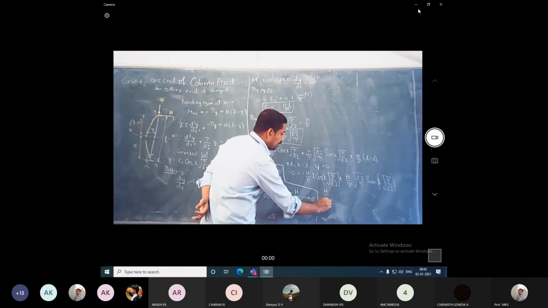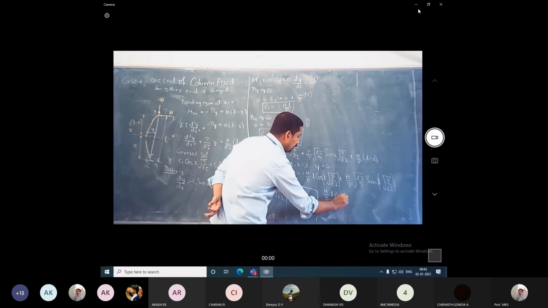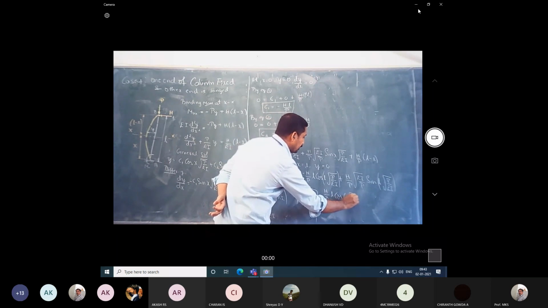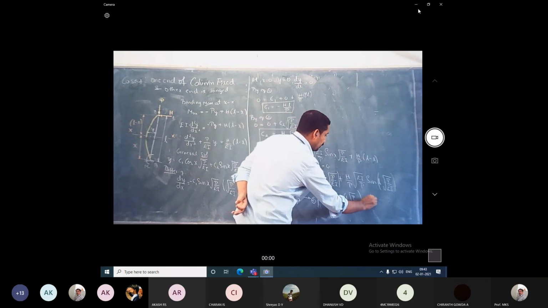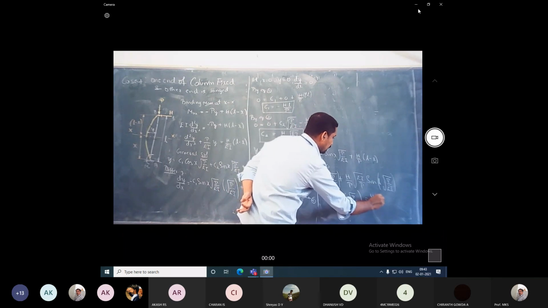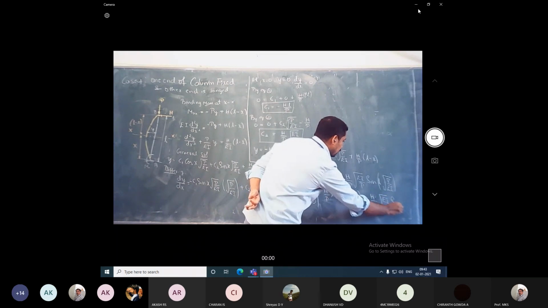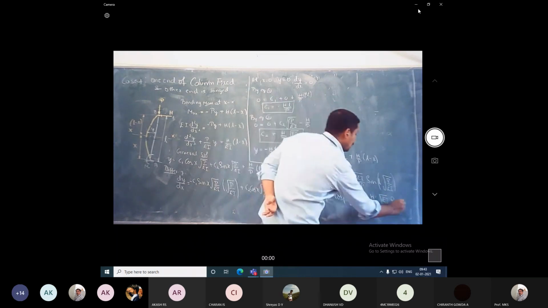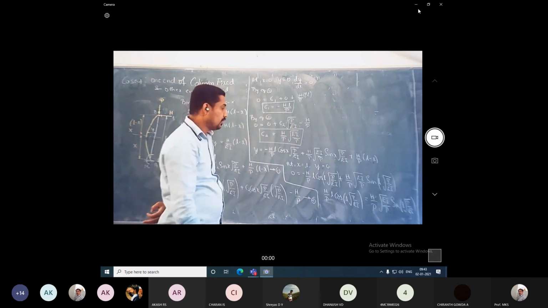So that is (h/p) L cos(L root(p/EI)) will be equal to (h/p) root(EI/p) sin(L root(p/EI)).